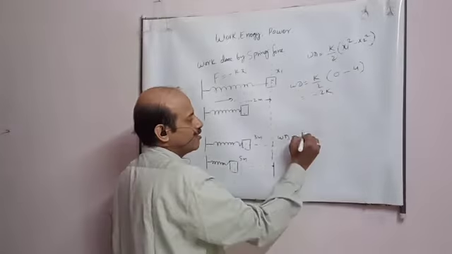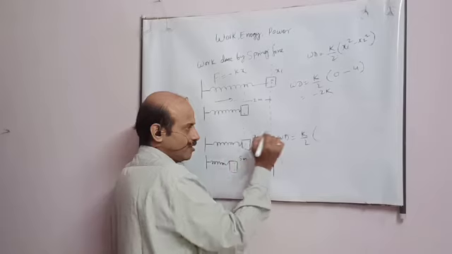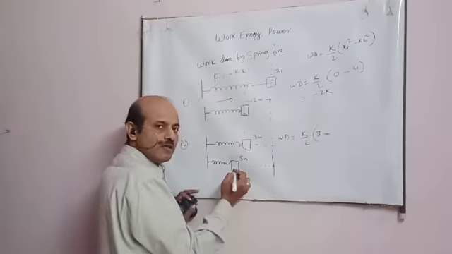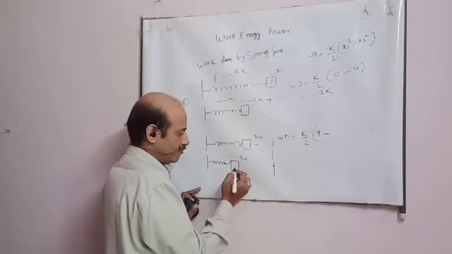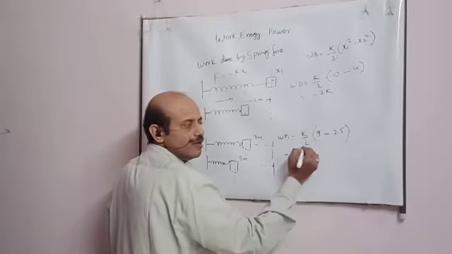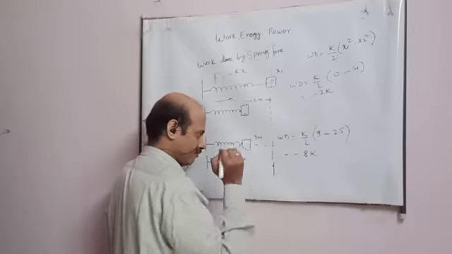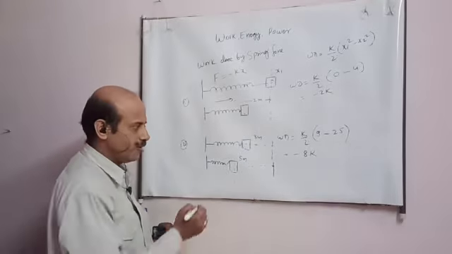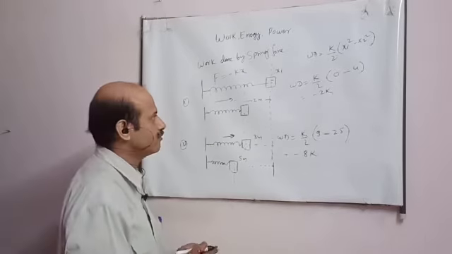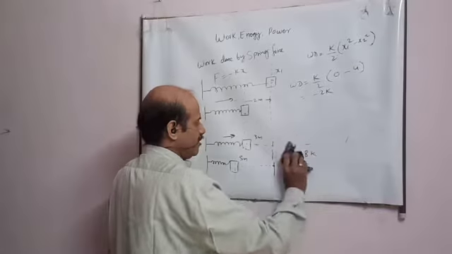Work done is K by 2 times x1 squared minus x2 squared, where x1 is the initial elongated or compressed position, which is 3. So 9 minus the final position, this is 5, so 25. So 9 minus 25, student, is minus 16. So it is minus 8K. And see, student, work done is negative because we are compressing this side, the force is acting this way, student. Now, student, let's look at another question.